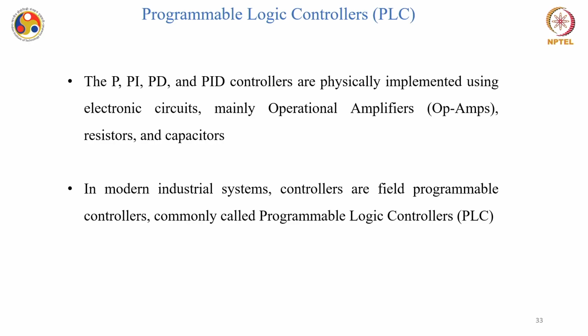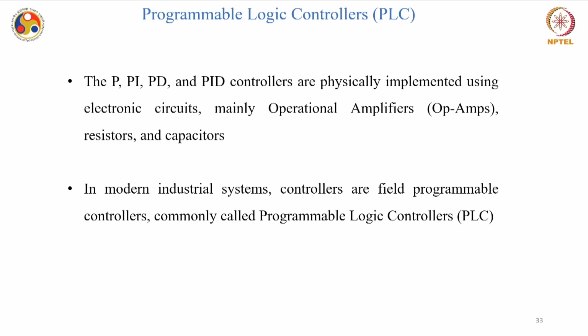The PI, PD and PID controllers that we have just seen can be physically implemented using electronic circuits, mostly based on op-amps and passive elements like resistors and capacitors. In modern industrial systems, controllers are field programmable controllers, commonly known as programmable logic controllers, PLCs.